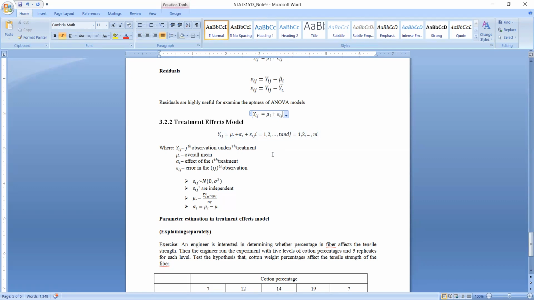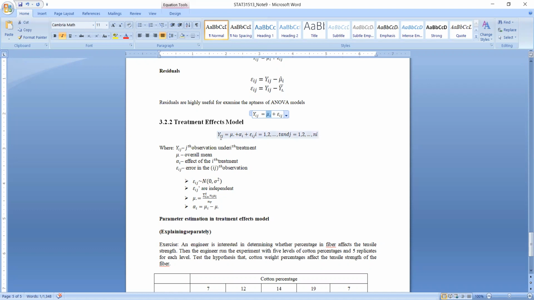Here, if you really want, we can come up with the treatment effects model, where you can talk about the effect of the ith treatment. So in that case, we are going to replace this mean value of the ith treatment by the overall mean and the effect of the ith treatment.